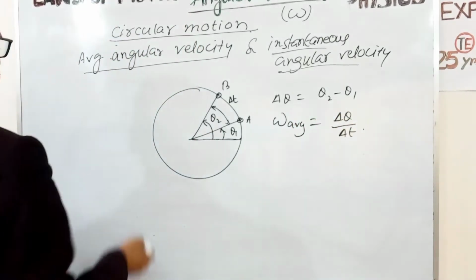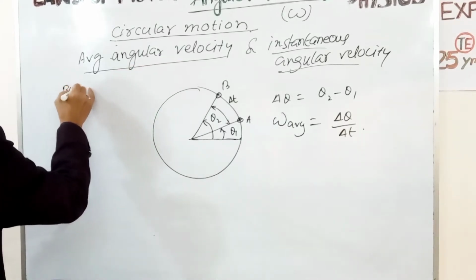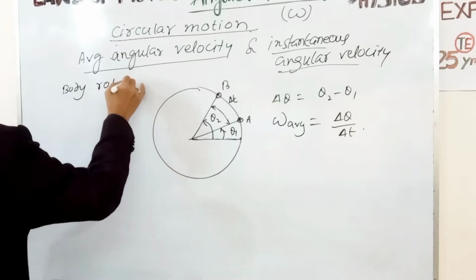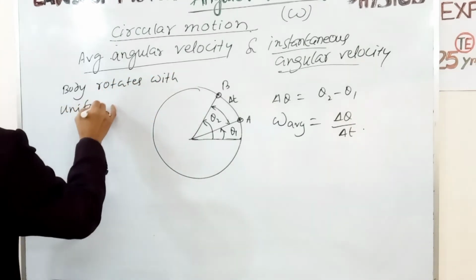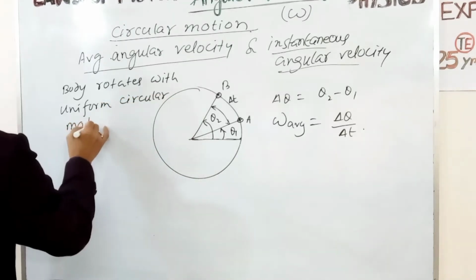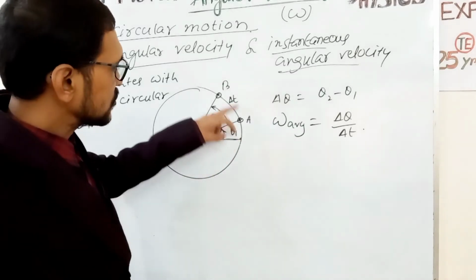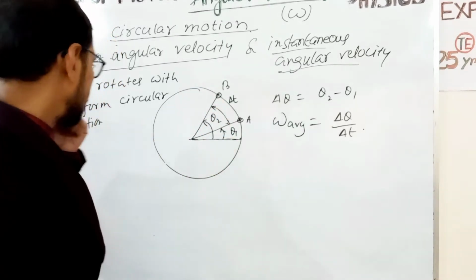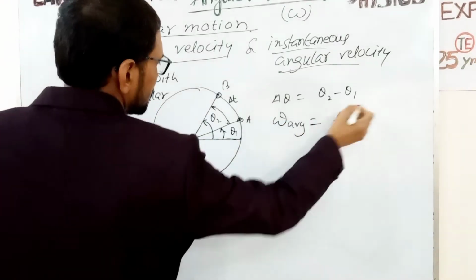If a body rotates in uniform circular motion, that is, with constant velocity, then the average angular velocity, omega average, will be constant.